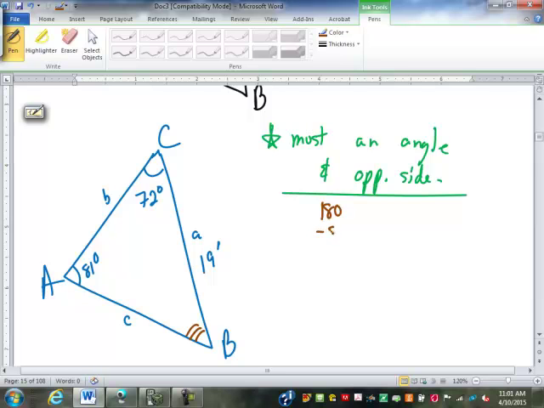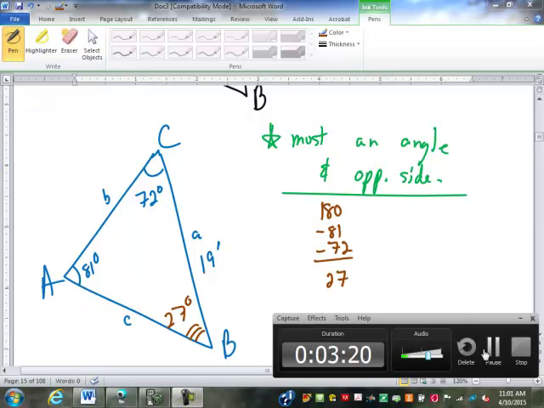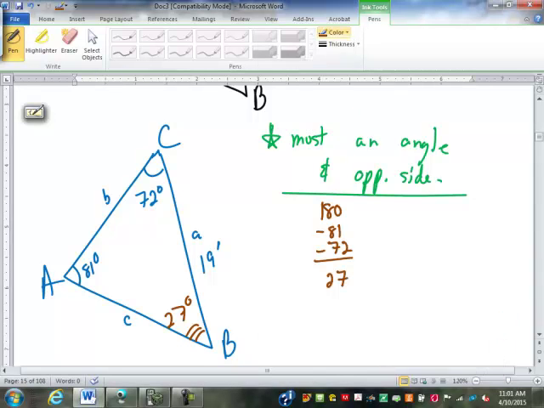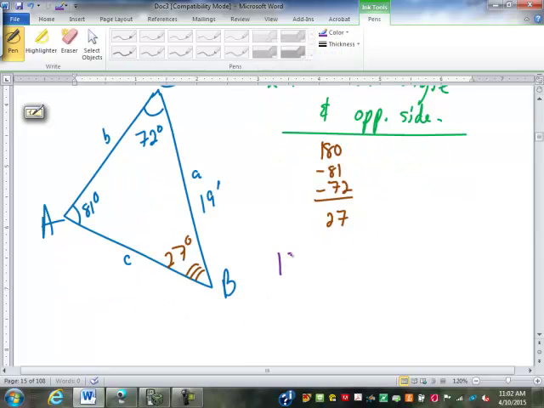Yeah, 180 minus 81 minus 72 is 27 degrees. So we have all 3 angles now. Next we can find the missing sides. Now we have one side here which is the 19 feet. What is its opposite angle?